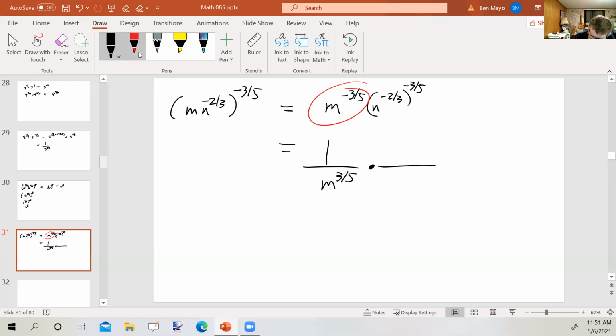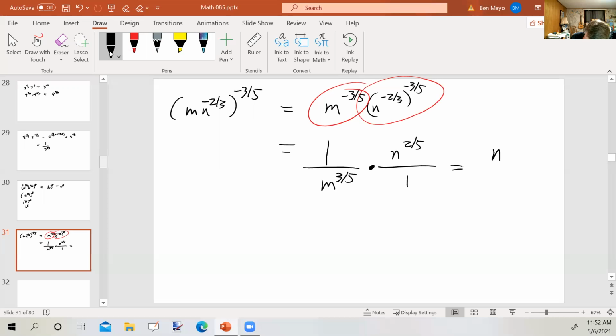The second expression, multiplying when you have a power raised to a power, negative 2/3 times negative 3/5 would be positive 2/5, so this is going to be n to the 2/5 power. So I'm going to end up with n to the 2/5 divided by m to the 3/5. So be careful with all those signs.